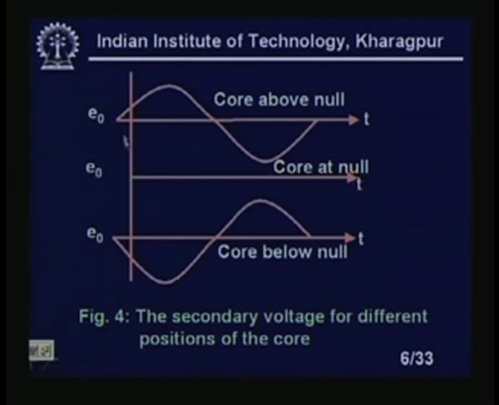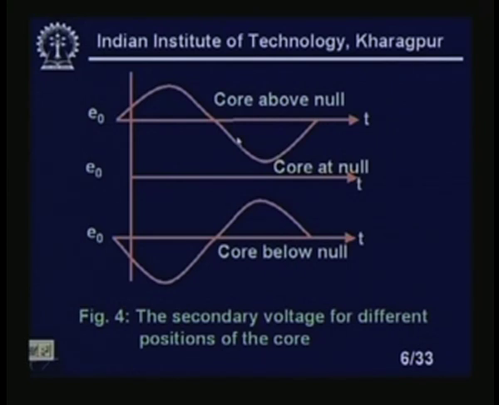So, even though we are giving some excitation voltage which is sinusoidal, I am not getting output voltage, since the two secondary voltages cancel each other. Whereas, when this core is above null, I will get a voltage like this with a phase shift. If the core is below null, I will get a 180-degree phase shift, opposite to the core above null.